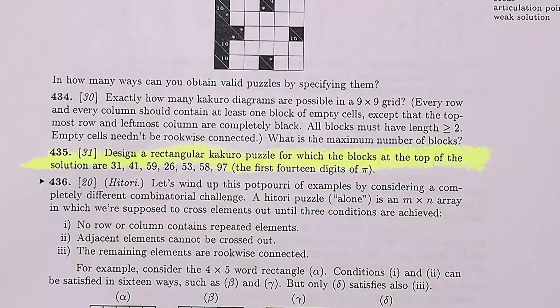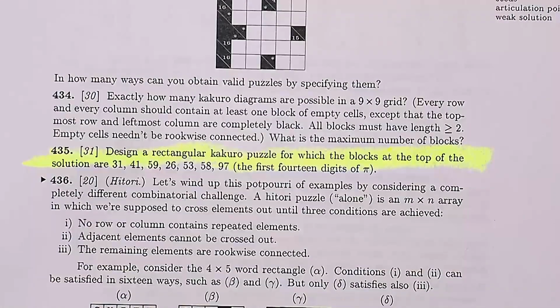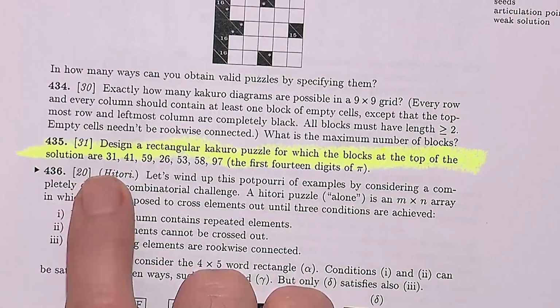So in one row, you can use the same digit several times, but in one word, you can only use the digit once. Okay, so here was an example of Kakuro where the exercise is to use a computer to help you design a Kakuro for which the answer, not the statement of the puzzle, but the answer to the puzzle, is pi.